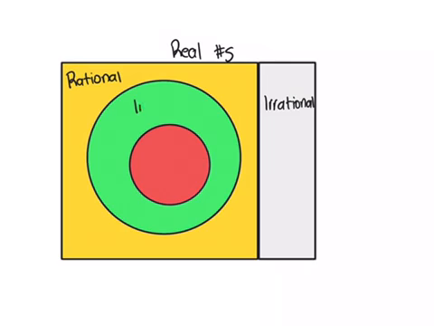Then we have the integers, positive or negative whole numbers, including 0, so -7, 0, 3. And on the inside here we have natural numbers, which are the numbers that if I told you, count 1, 2, 3, are the numbers you would count.